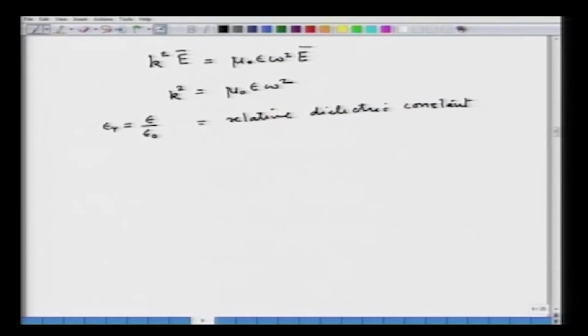What we will find is that this epsilon r is also sometimes written as a complex number given by epsilon prime plus i epsilon double prime.